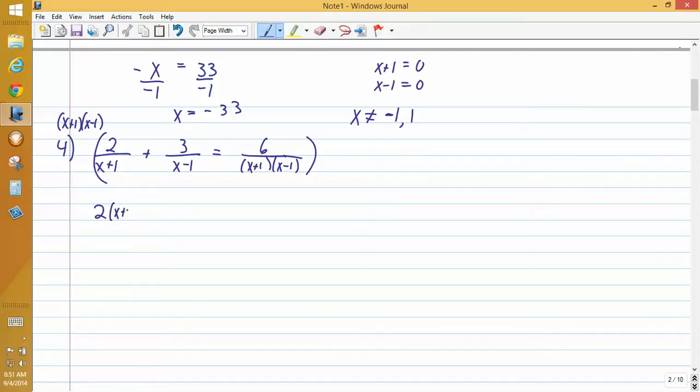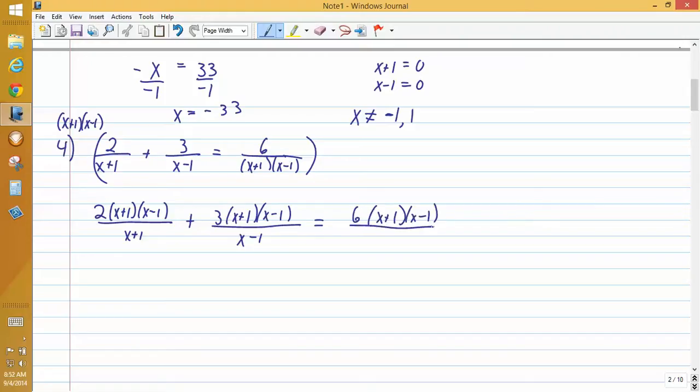So it's 2 times x plus 1 times x minus 1 over x plus 1, plus 3 times x plus 1 times x minus 1 over x minus 1, equals 6 times x plus 1 times x minus 1 over x plus 1 times x minus 1. You see the factors that cancel out. That'll leave me with 2 times x minus 1 plus 3 times x plus 1 equals 6.